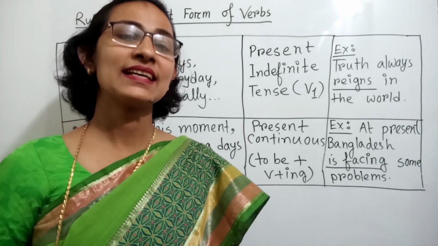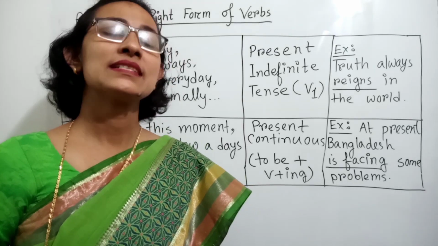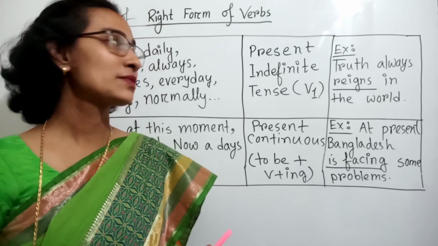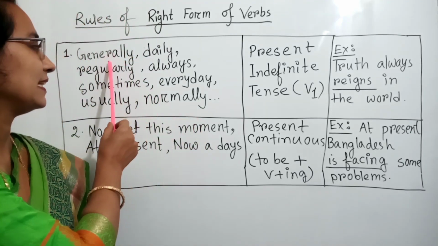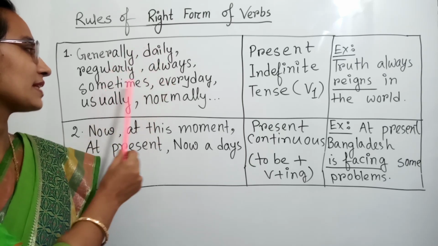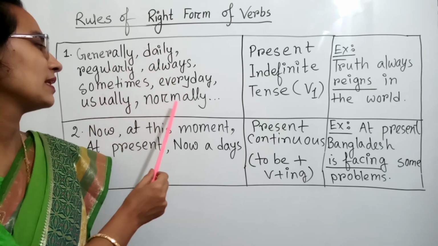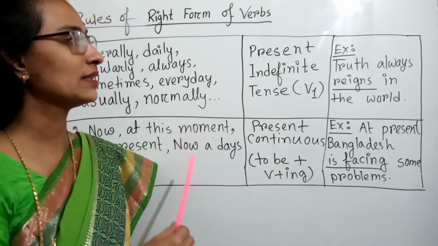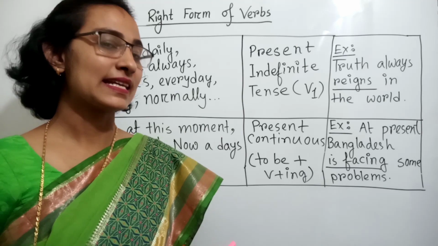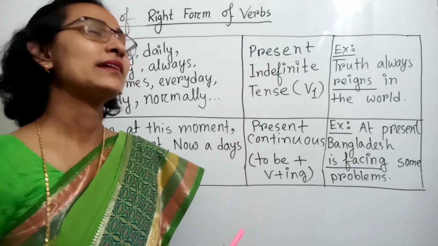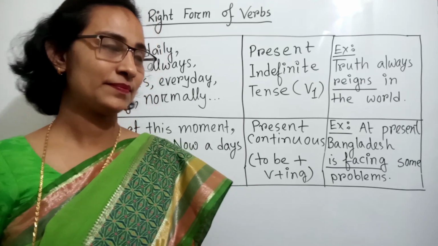Dear students, now I will show you some important rules of right form of verb. First one is generally, daily, regularly, always, sometimes, every day, usually, normally. If you see this type of word in the sentence, in that time you need to write present indefinite tense for the verb.